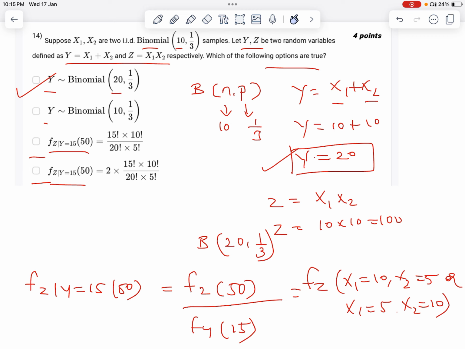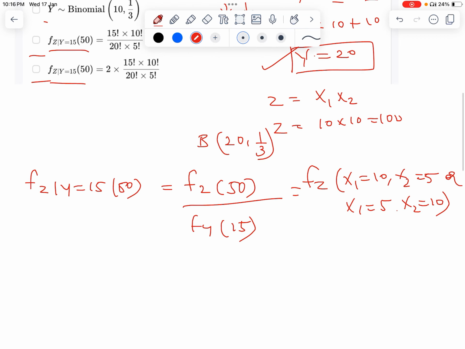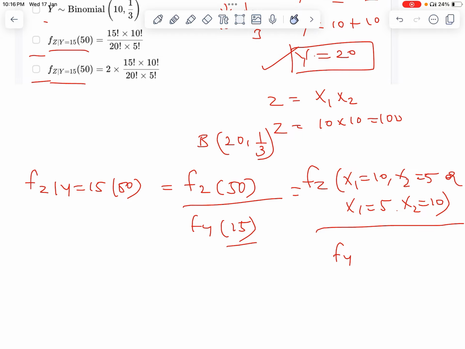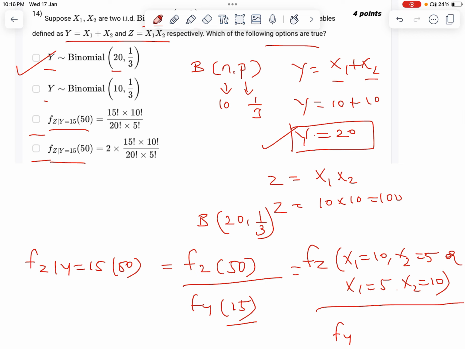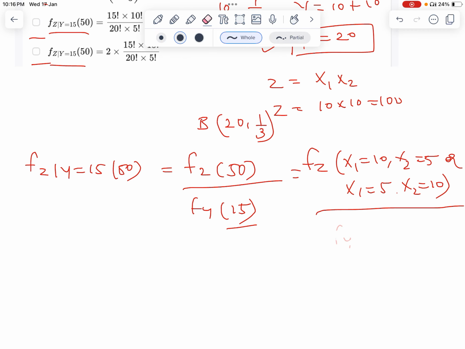Alright, fine. Now coming back, the denominator, here they have given us 15. So 15 out of the total of how much? Already 20 is the total. So under the conditional probability we are going to see that. So directly you can write it as 20 choose 15.